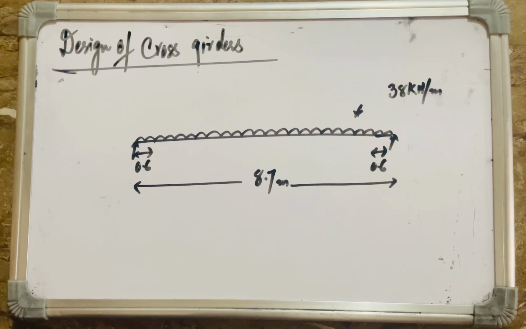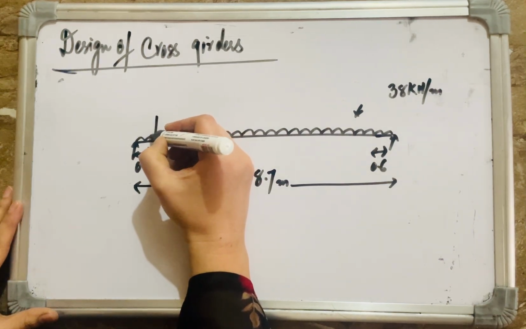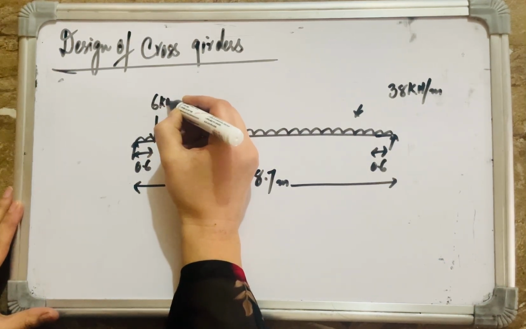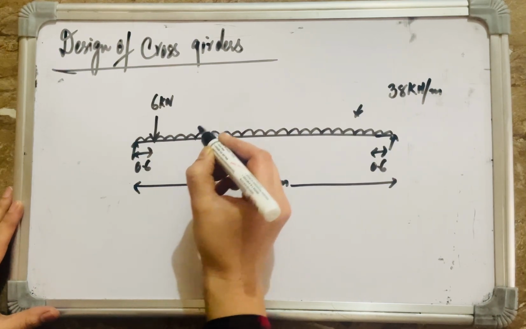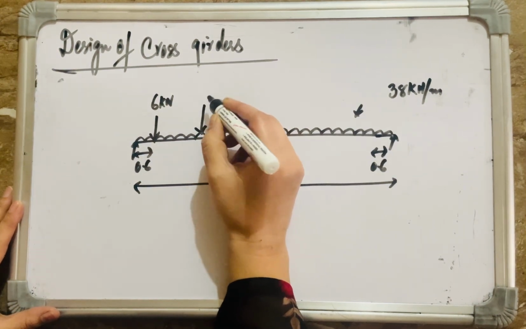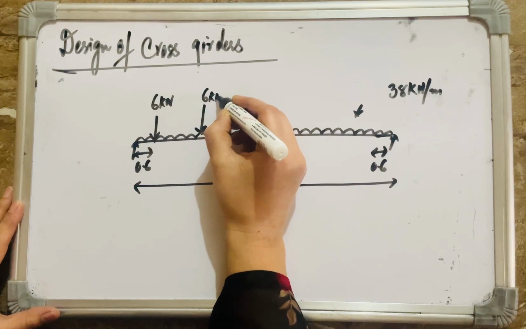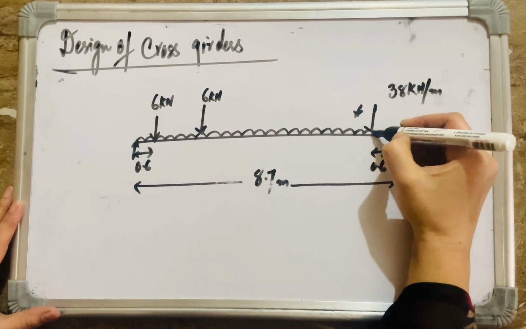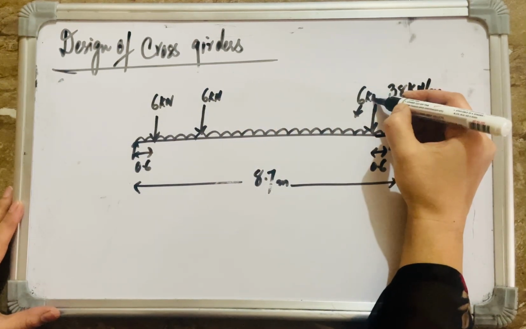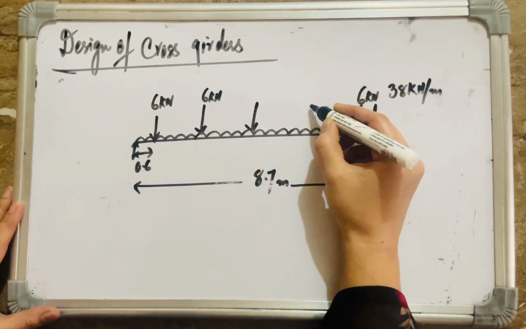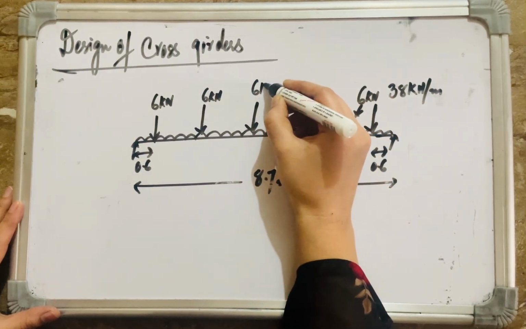Then dead load due to stringer beams which are placed 1.875 meters apart. First one will be here, it is 6 kilonewton. Then after 1.875 meters, 6, here 6, then 6, then 6.